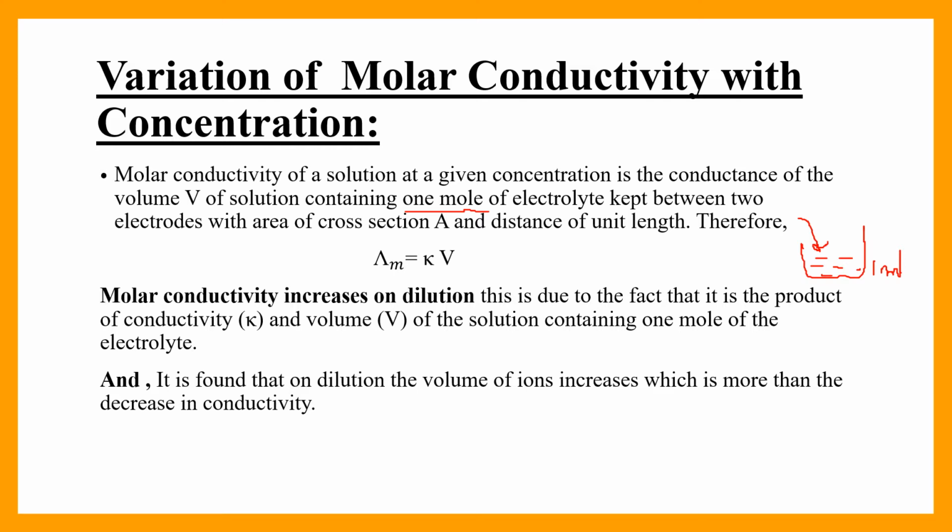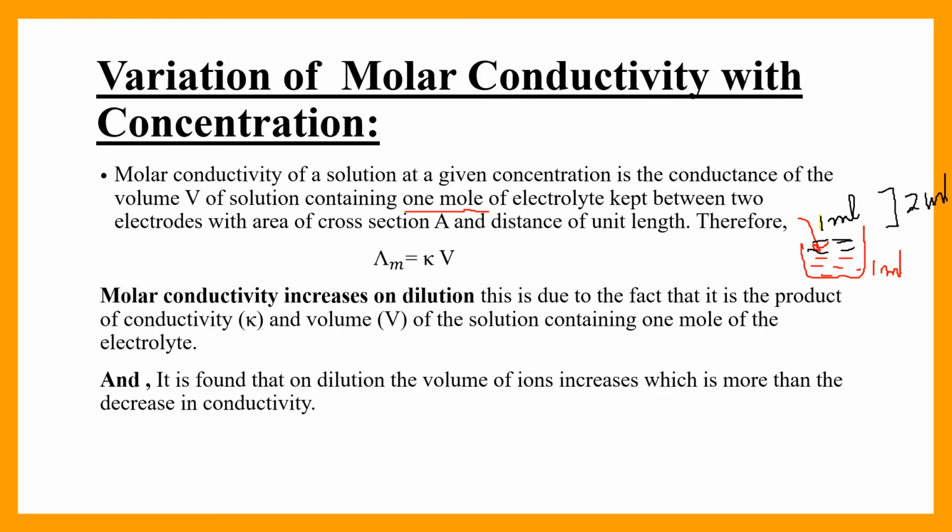the volume of the solution will increase. Suppose we add 1 ml of water to this concentrated electrolyte. What will be the final volume of that solution? On adding water, the volume will increase, and the final volume will come to be 2 ml.